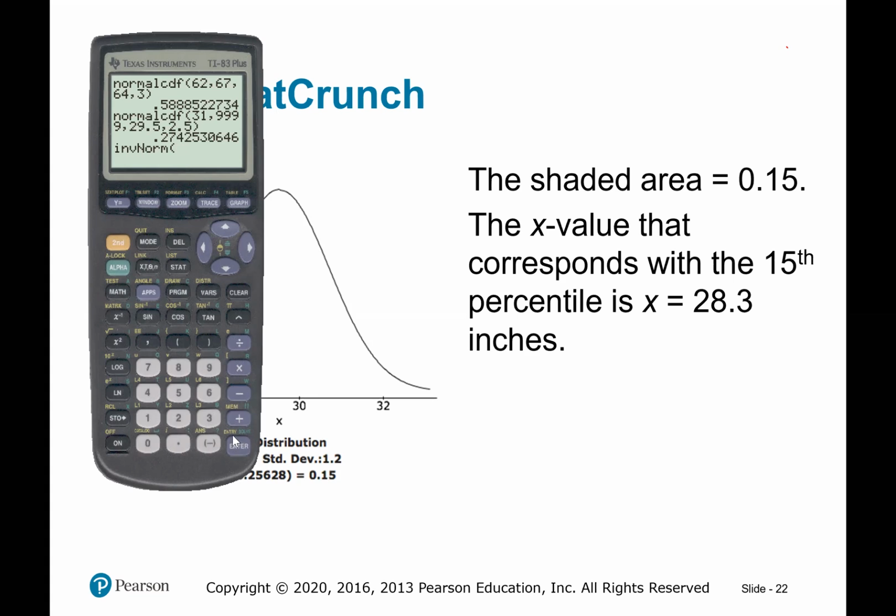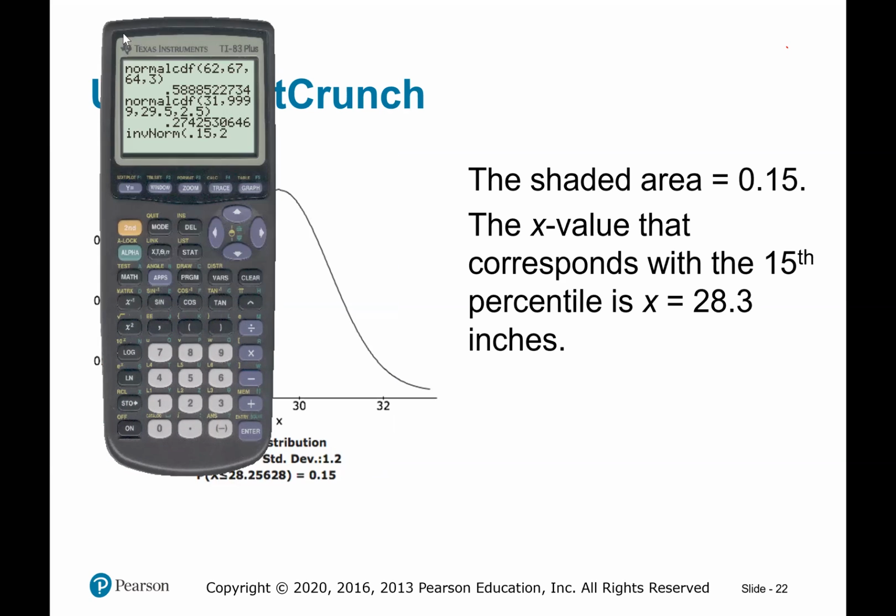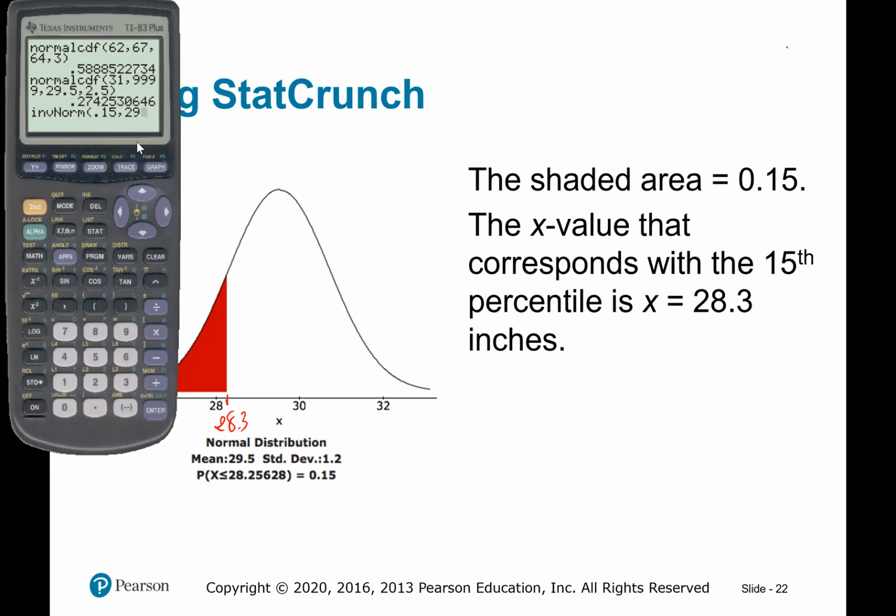For this inverse norm, you need to put the probability first, 0.15. Then comma, and you put the mean, 29.5. Then comma and you put the standard deviation, 1.2, then close parentheses and enter.